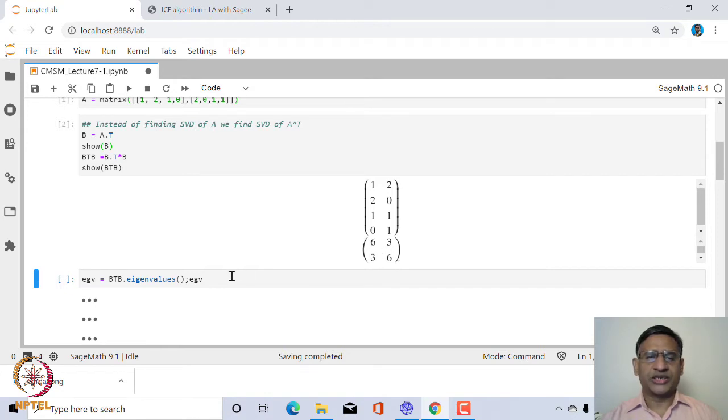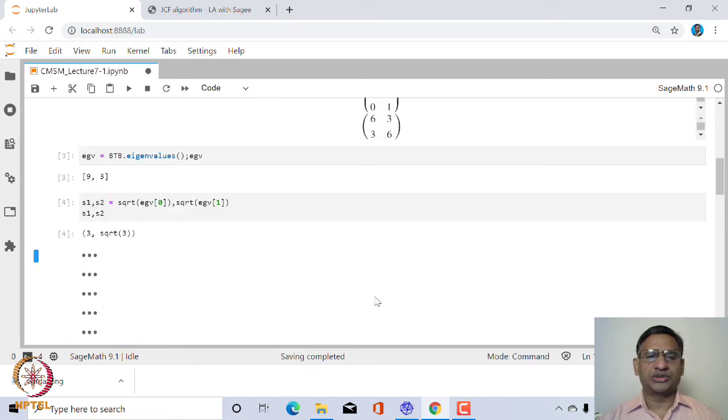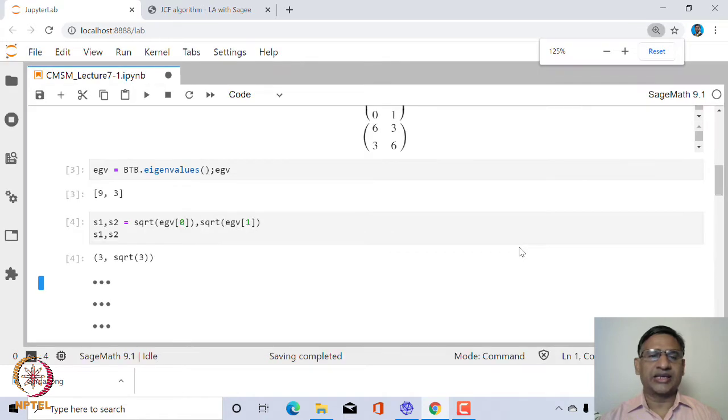Let us find the eigenvalues of B transpose B, and the eigenvalues are 9 and 3. So sigma 1 will be the square root of 9, sigma 2 will be the square root of 3. Let us store sigma 1 and sigma 2 in S1 and S2. So S1 is 3, S2 is square root 3.